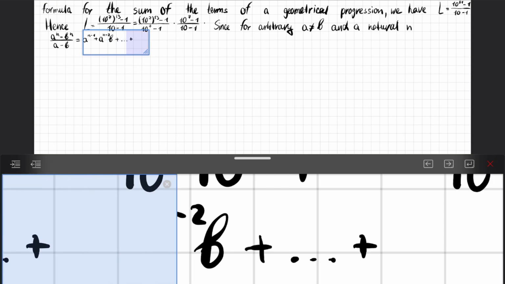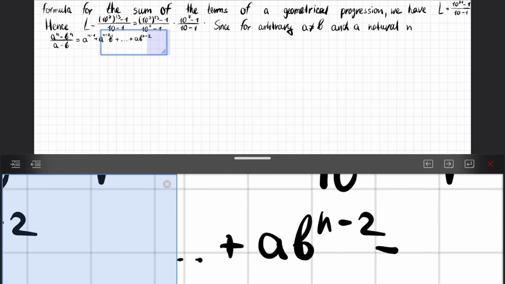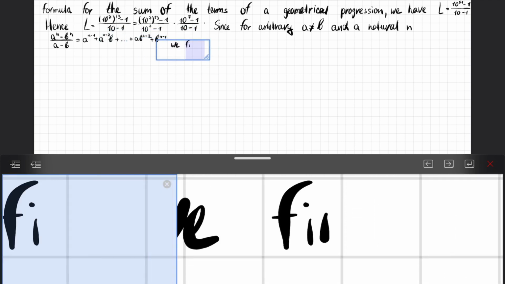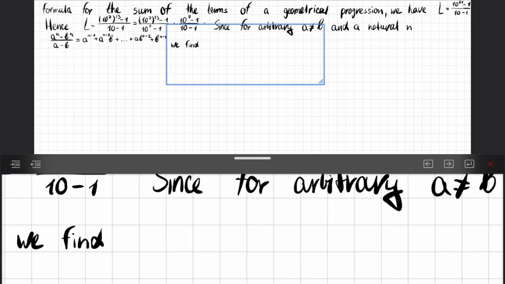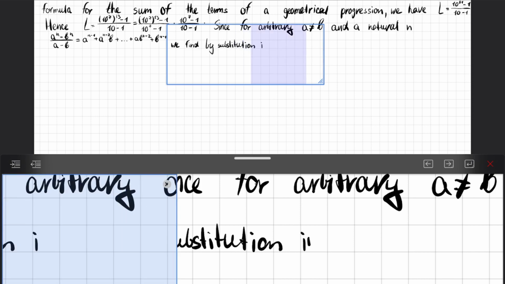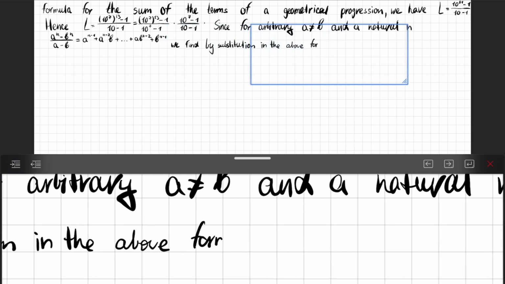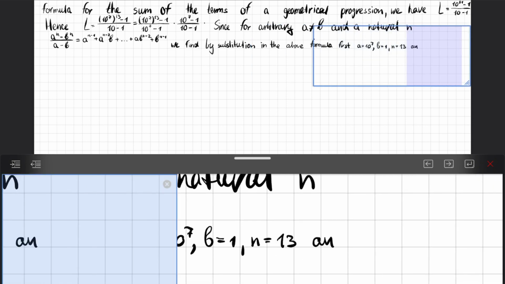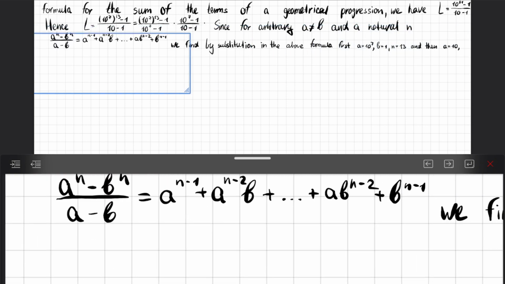So, we find by substitution in the above formula first A equal 10 to the power 7, B equal 1, n equal 13, and then A equal 10, B equal 1, and n equal 7.